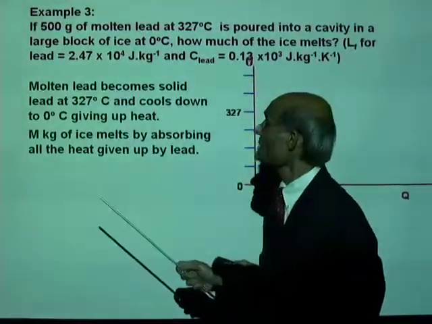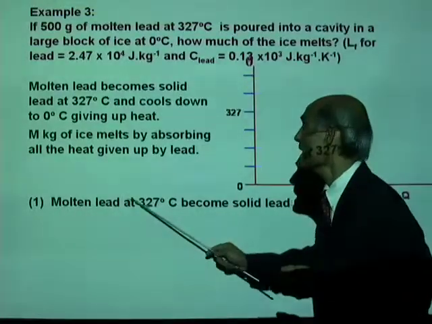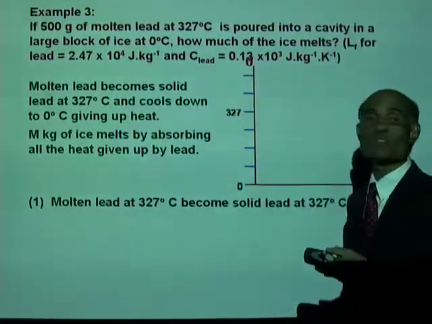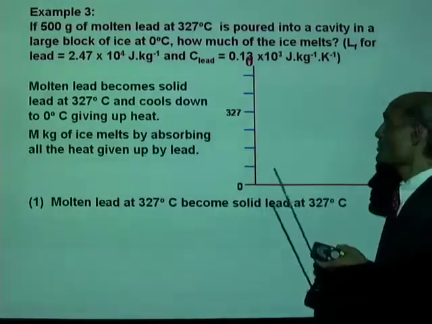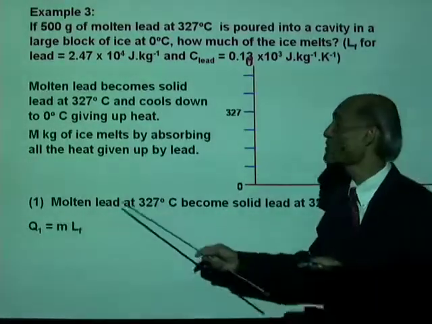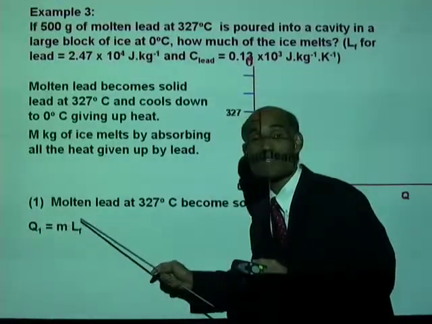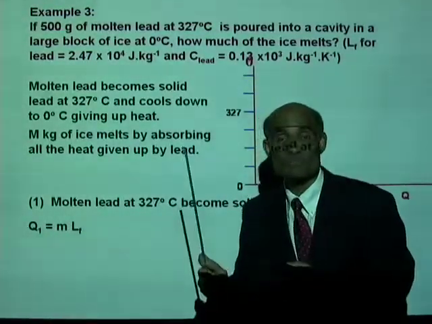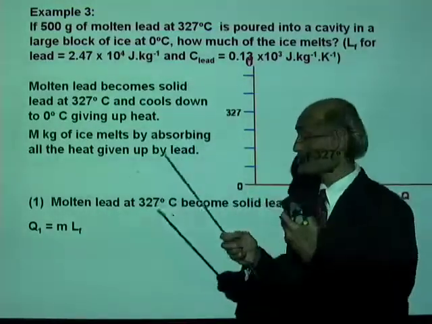Alright, let's start by looking at each stage. Stage 1, molten lead at 327 degrees Celsius becomes solid lead at 327. What is the amount of heat liberated? Q1 equals mass times latent heat of fusion. Is that right? A change of state without a change of temperature.